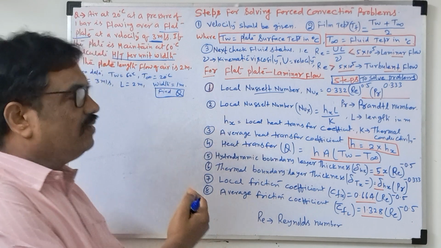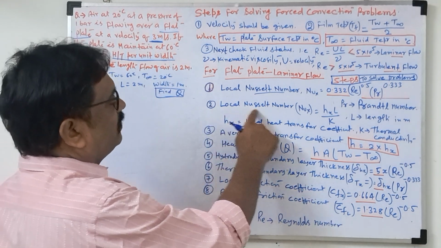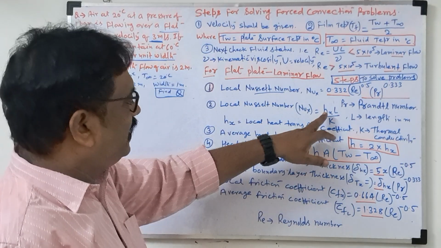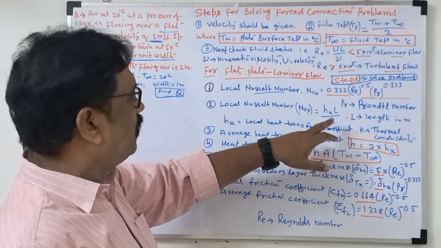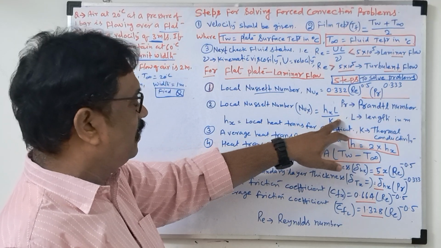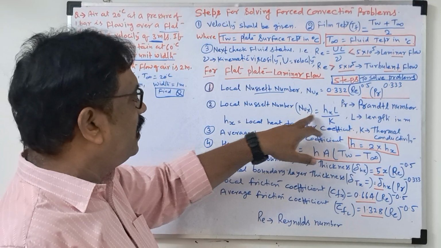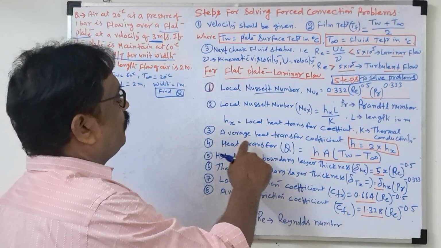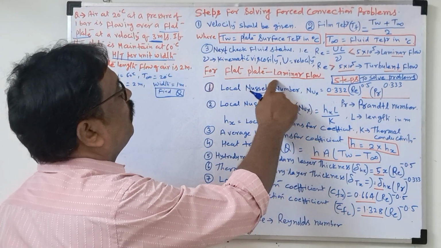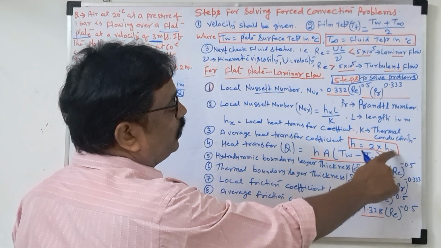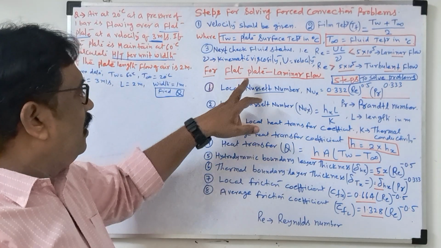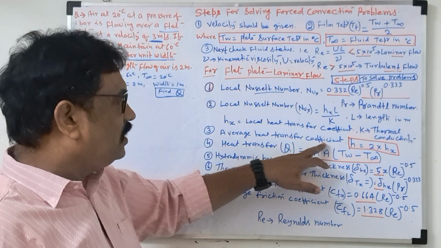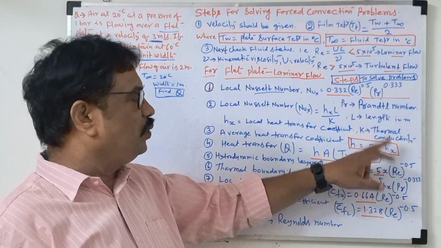Then the local Nusselt number formula is h_x L by k, where h_x is the local heat transfer coefficient, L is length, and k is thermal conductivity. We substitute the values and get h_x. Now the average heat transfer coefficient for a flat plate is 2 into h_x. Listen carefully: for a flat plate, the average heat transfer coefficient is h equals 2h_x.